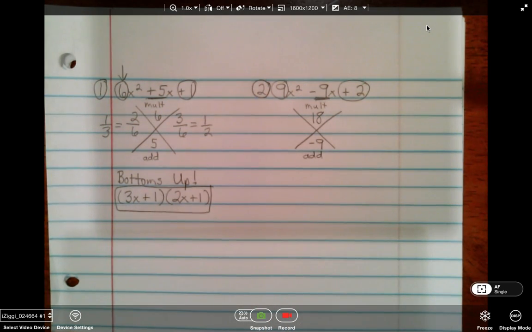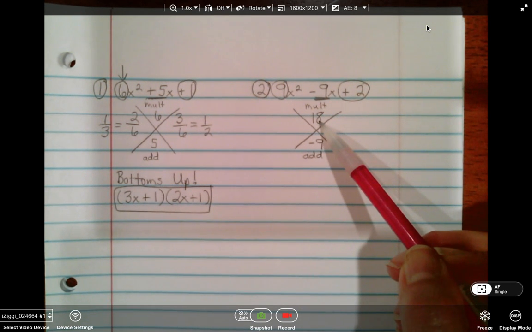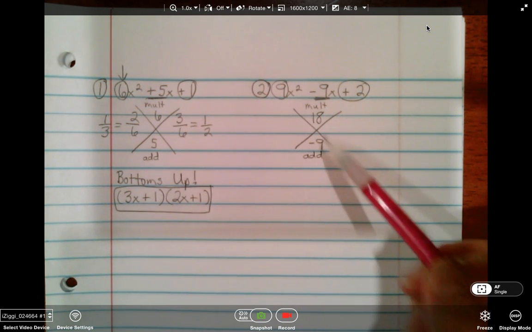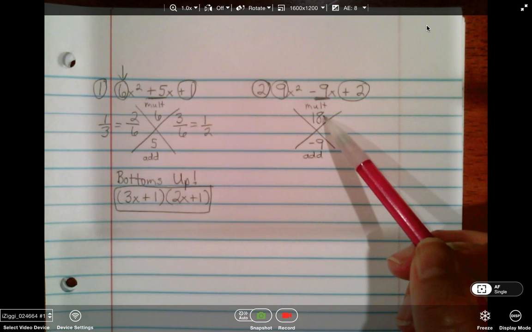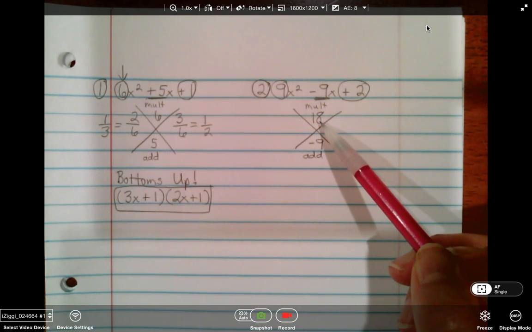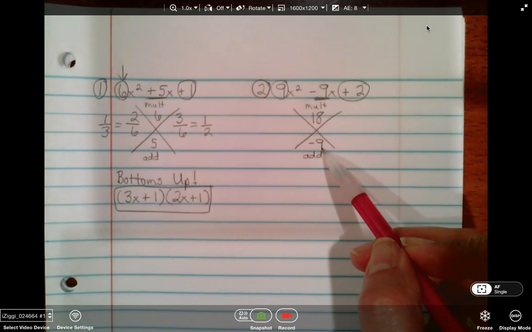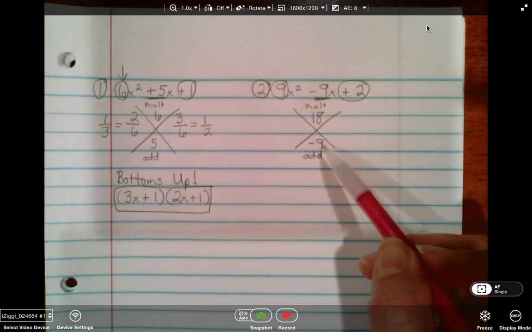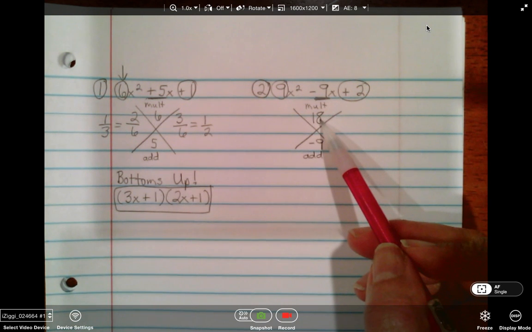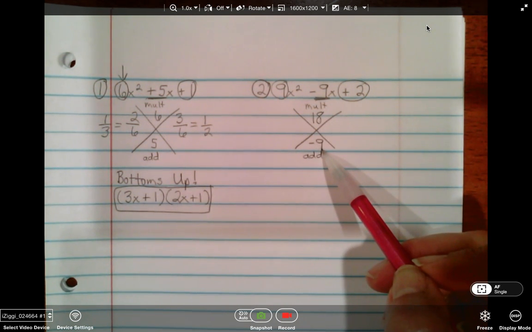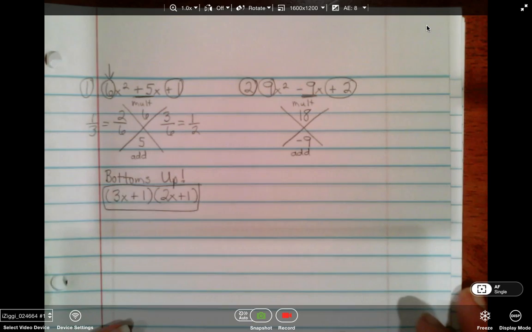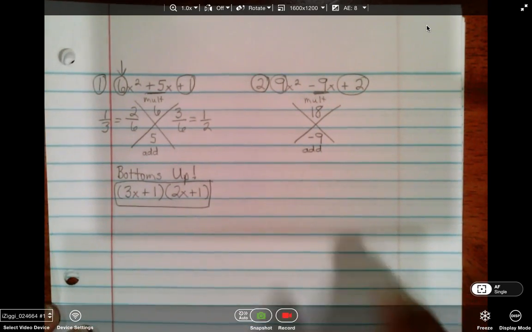To have two numbers that give me a positive product but a negative sum: a positive product is either positive times positive or negative times negative. They're both going to have to be negative because negative plus negative is negative. So the two negative numbers I multiply to get 18 and add to get negative 9 are negative 6 and negative 3.